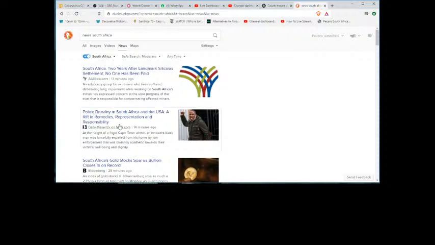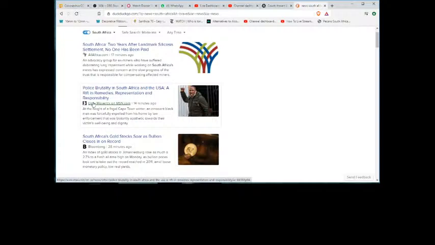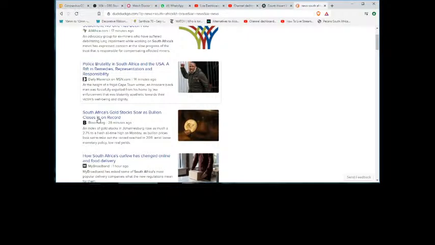Police brutality in South Africa and the USA, a rift in remedies, representation, and responsibility. That's the Daily Maverick on MSN, because MSN has obviously bought that article from the Daily Maverick, which is great. Again, we need to look at these kinds of things, and journalists have a responsibility to analyze things, bring them into the light and show people what's going on.